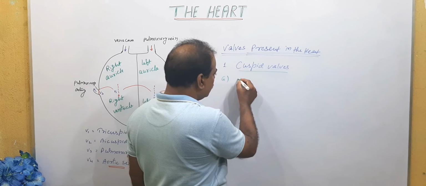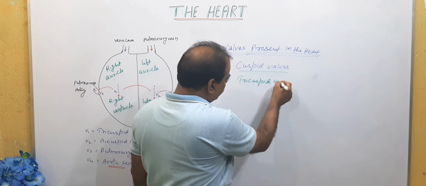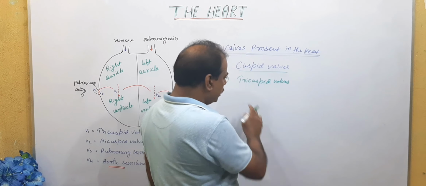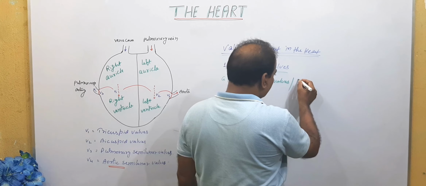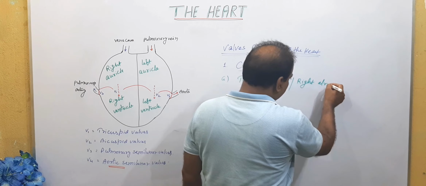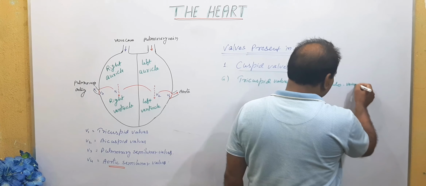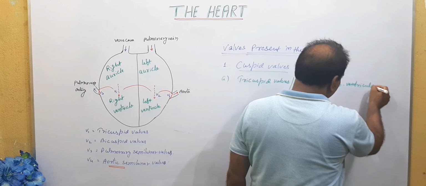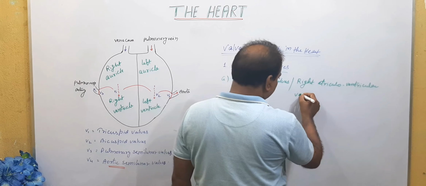Number one is tricuspid valves. It has three cusp-like structures. It is also known as right atrioventricular valve.